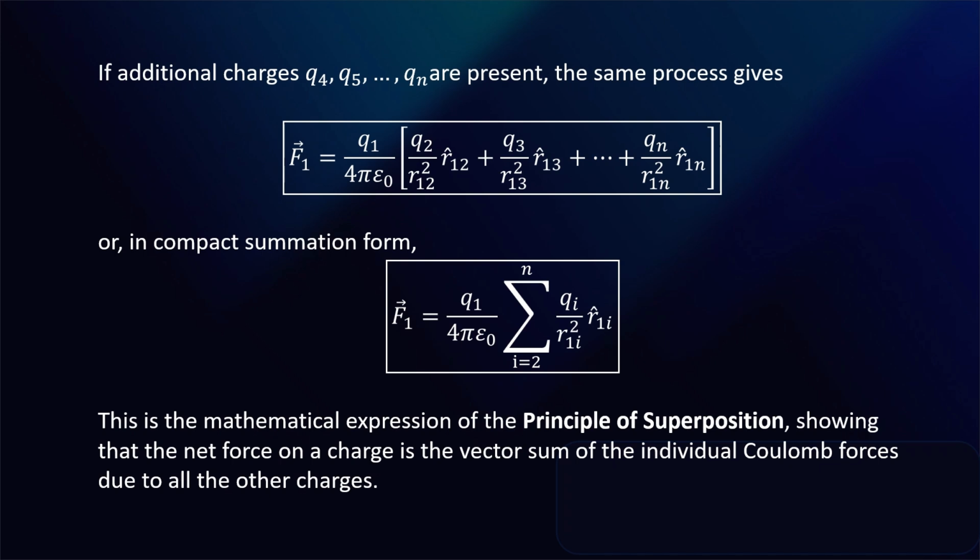In summation form, we can write F1 vector is equal to Q1 divided by 4 pi epsilon naught summation from i is equal to 2 to n Qi divided by R1i square into R1i cap. This is the mathematical expression of the principle of superposition of charges. This formula of the principle of superposition is used to calculate the net force when multiple charges are present, and Coulomb's law forms the foundation for understanding electric fields, electric potential and electrostatics.